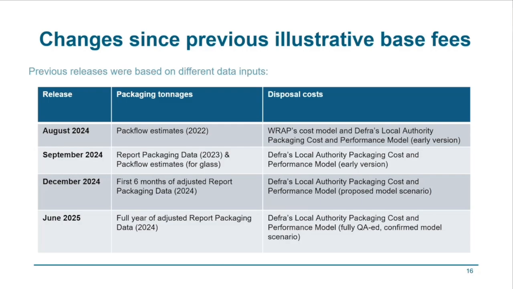And for disposal cost, we've progressively used improved versions of DEFRA's local authority packaging cost and performance model, with the June model being based on the fully quality assured final model scenario for 25-26 of total local authority disposal costs.